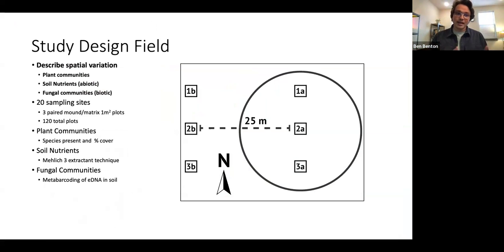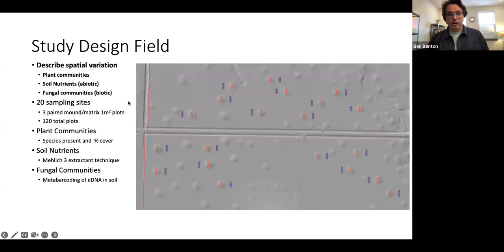The way that I did that is I took data on the soil nutrients, the plant communities, and the fungal communities across 20 sampling sites, where I had two paired transects, one that went across the center of the mound, and one that was 25 meters off to the east or the west of the mound. And I did that across 20 sites.